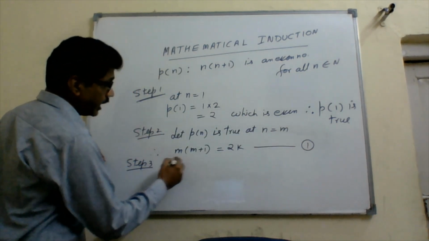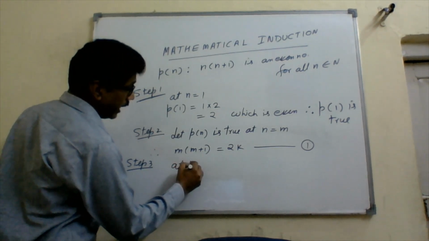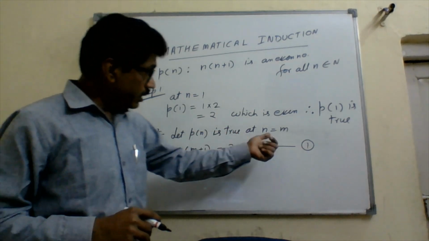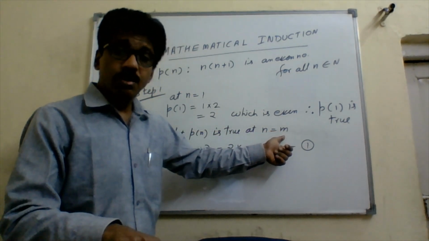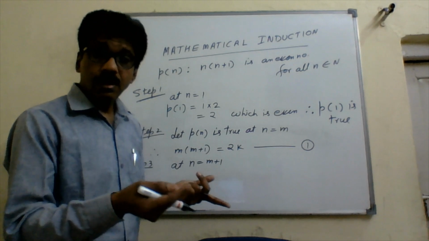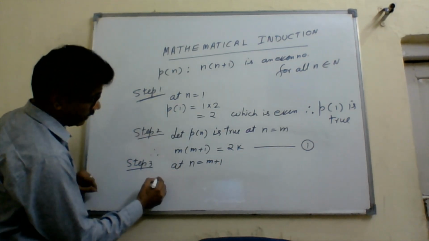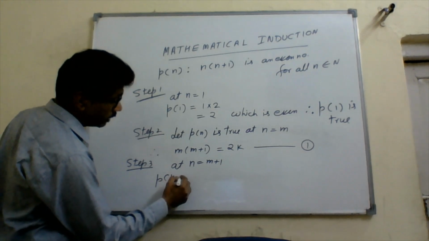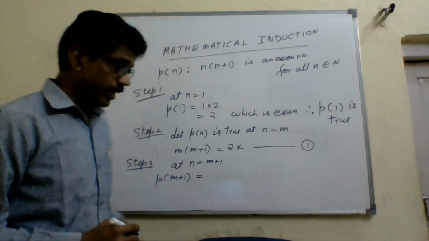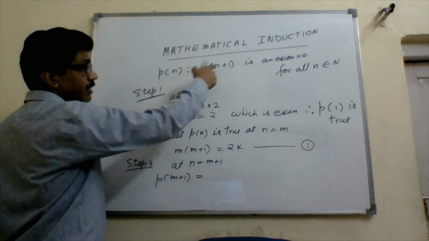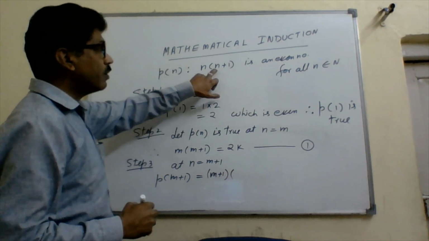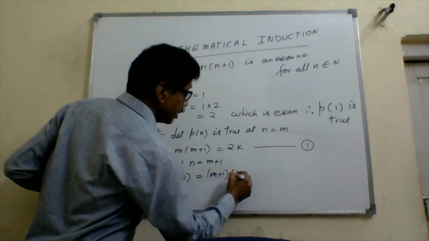Now I will check whether this statement is true for m plus 1 also or not, and obviously I will take help of equation number 1 in solving this. So P m plus 1 means n is replaced by m plus 1. So it will be m plus 1 into m plus 1 plus 1, which gives m plus 2.